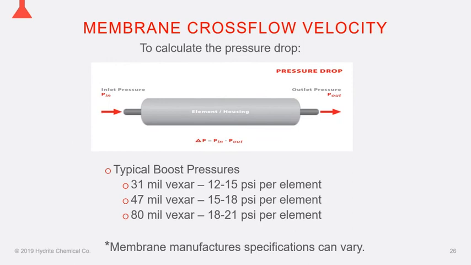This will give you an idea of what those numbers should look like. We had our 31 mil spacer, we had the 47 mil spacer. I think on our diagram it was 65, but there also is an 80 mil spacer. It was a very wide spacer. And obviously as those spacers increase, the cross flow has to increase to give us a turbulent flow. And we determine that by pressure differential per element.